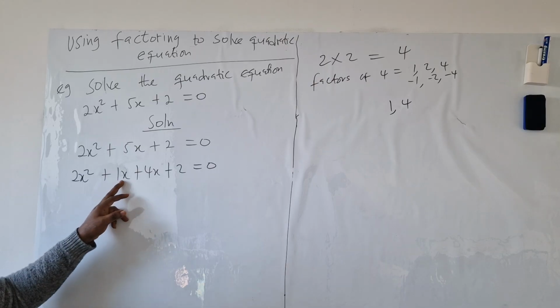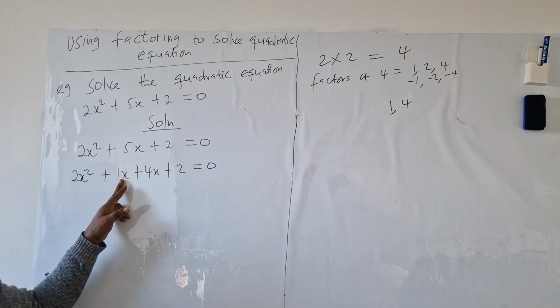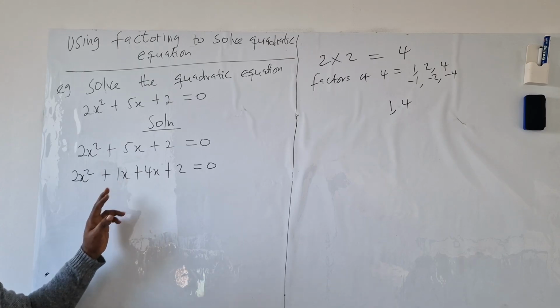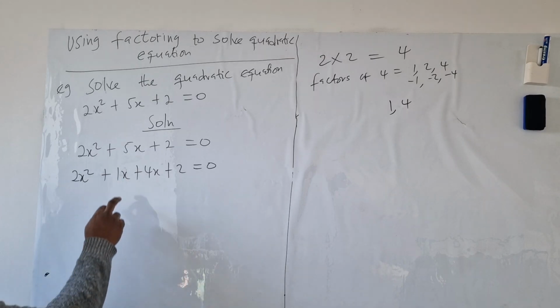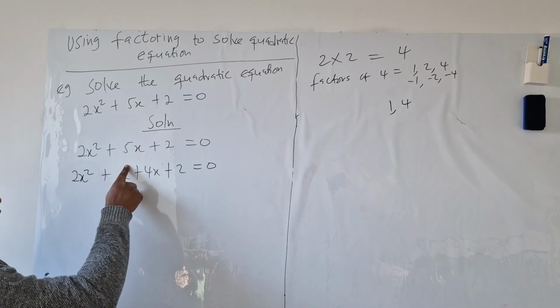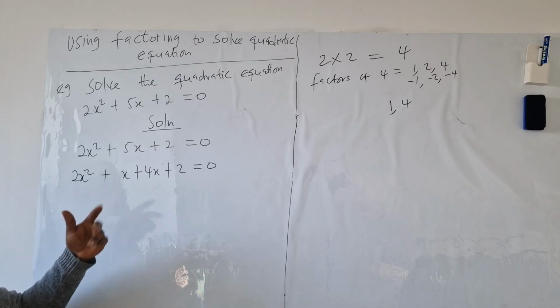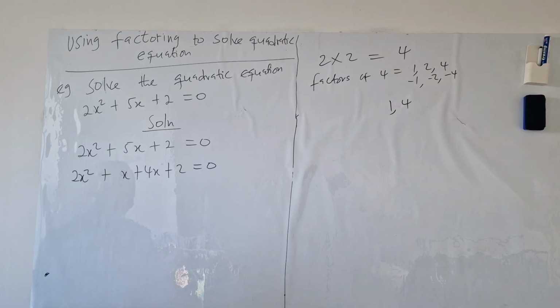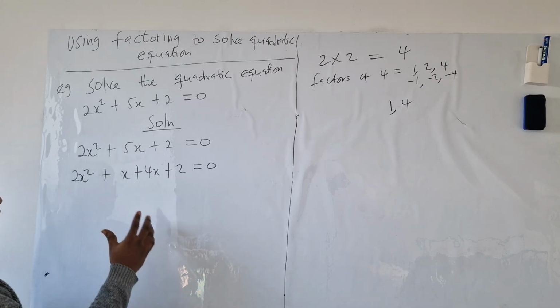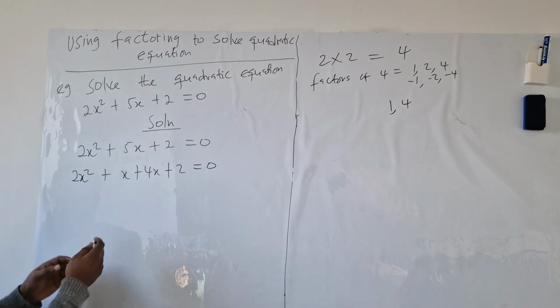Now, whenever the coefficient of a variable is 1, as mathematicians, we don't write it, right? Good. So we need to erase or clean this one. If the coefficient of a variable is 1, we don't write it. But we know that the coefficient is 1. Now, at this point, what do we do next? Having changed from 3 terms to 4 terms, the next thing to do is to factorize.